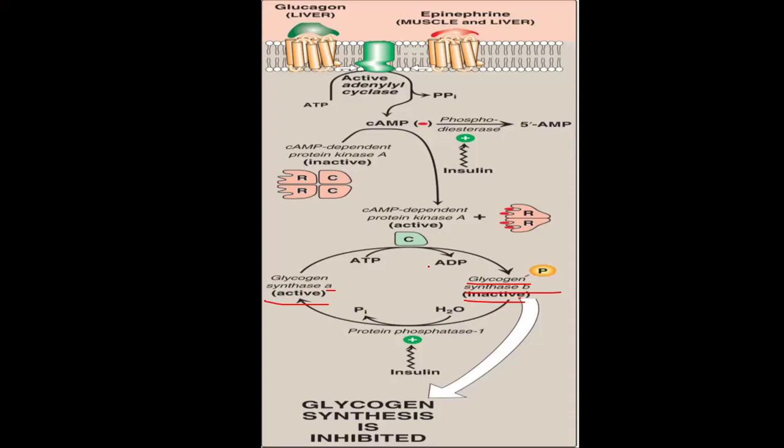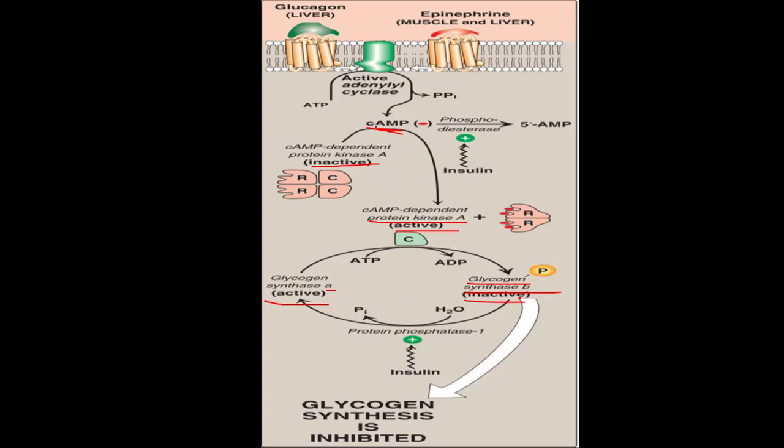The enzyme which phosphorylates glycogen synthase is protein kinase A. Protein kinase A is activated by a molecule known as cyclic AMP. So in presence of cyclic AMP, the inactive protein kinase A is activated, and once activated, it phosphorylates glycogen synthase to an inactive form.